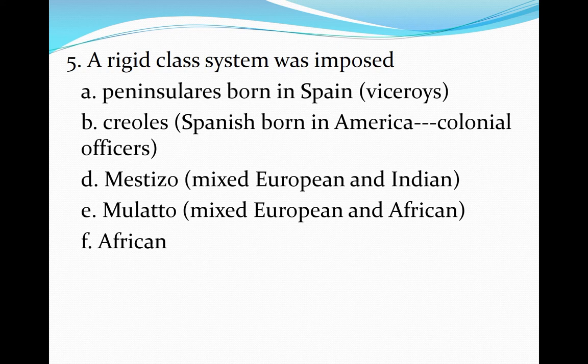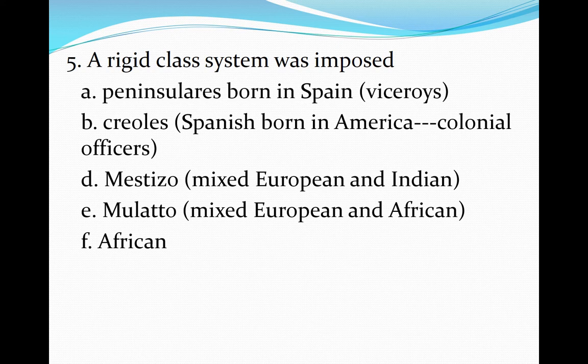These are European people that actually come from Spain, and often these are people that are going to be kind of administrating the government, especially people like the governors or viceroys of the area, are often born in Spain specifically, right? The next level down, you're going to have what are known as the creoles, and these are Spanish people that are actually born in America, and often they are going to also be colonial officials, but they're not going to actually be allowed to get all the way to the top of this governmental structure.